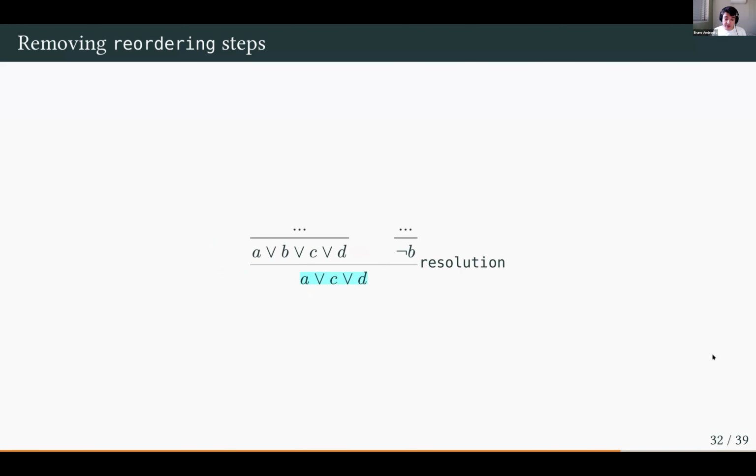So we have to recompute this resolution step, and we do that just by actually resolving the premises. And now we have a new resolution step that is also modified, so we also have to propagate these changes down the proof. But the key idea is that the only difference is the order of the clause. So again, the only change we're going to have to make is to those three rules: resolution, weakening, and contraction.